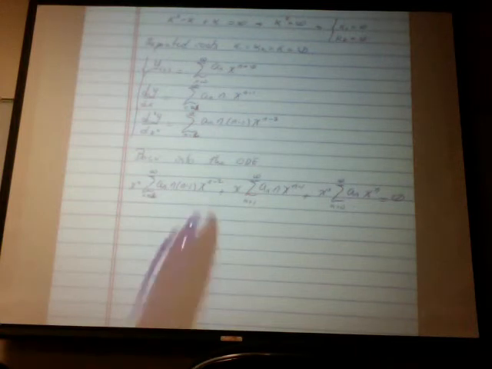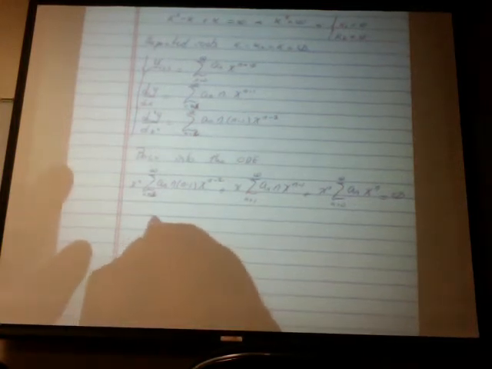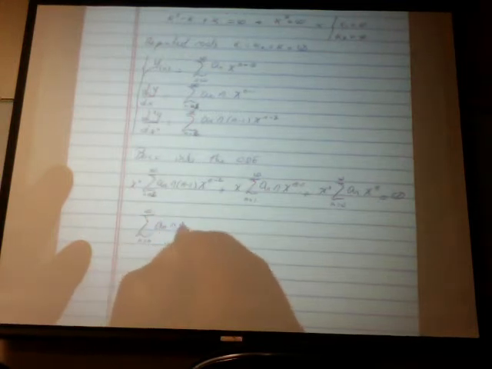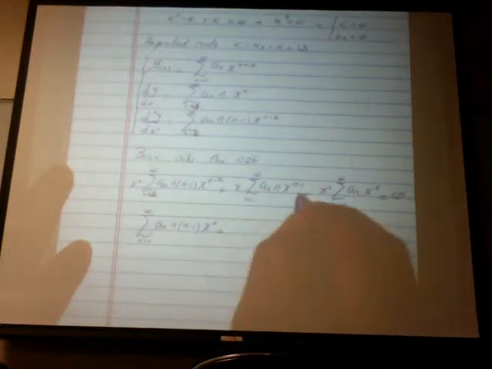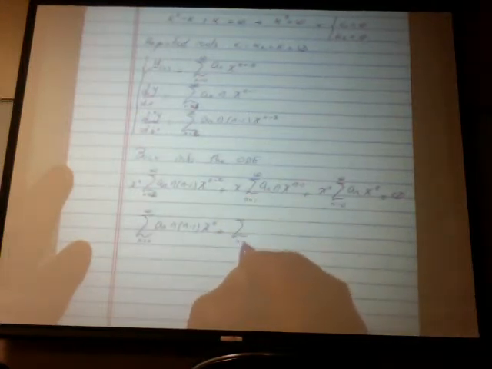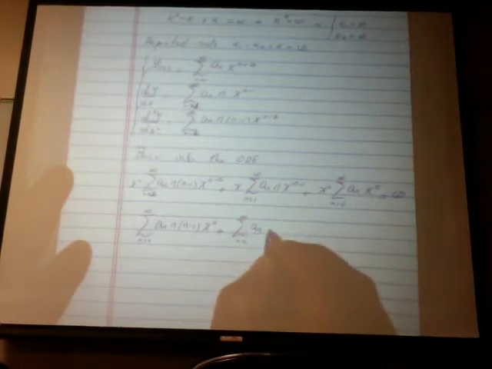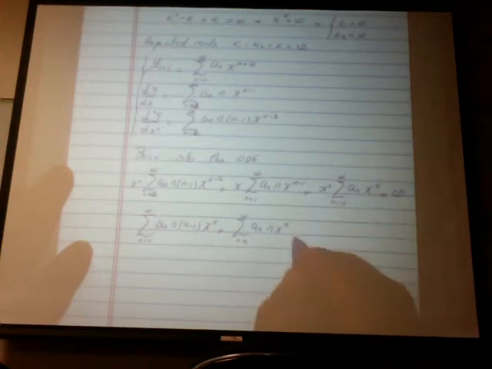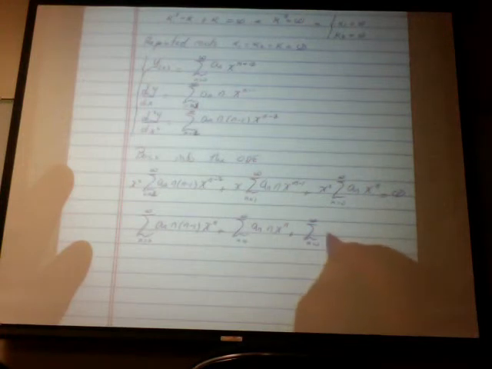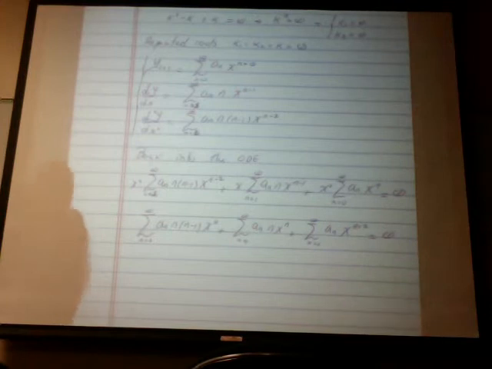Alright? So I'm going to take that x squared and multiply it inside, and that will lead to n equal 2 to infinity an n minus 1 x to the n, plus I'm going to take this x, multiply it inside, this will be n equal 1 to infinity an x to the n, and I'm going to take this x squared, multiply it inside, an x to the n plus 2, and that's equal to 0.